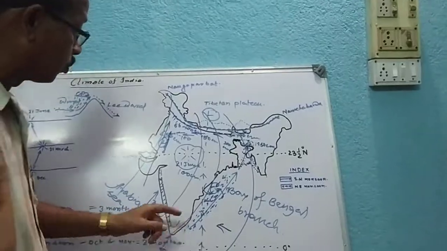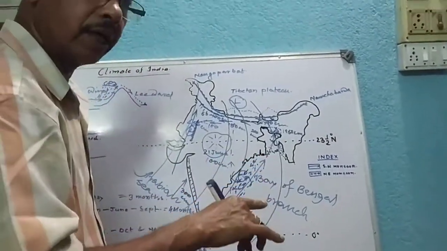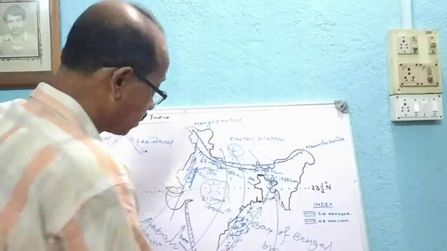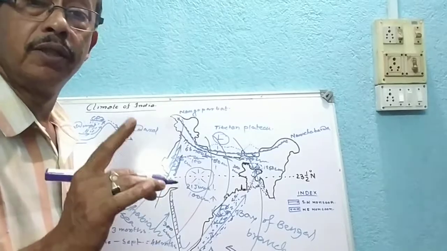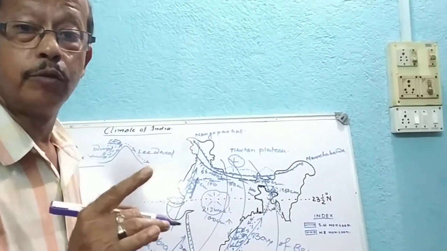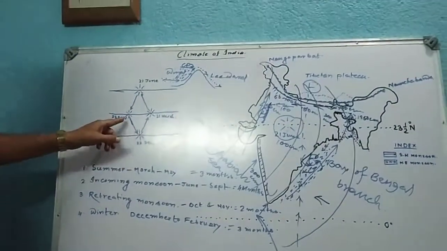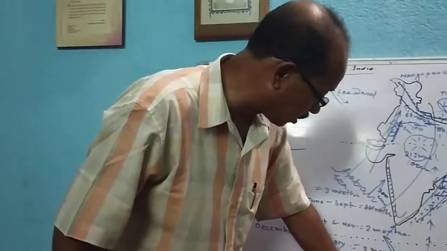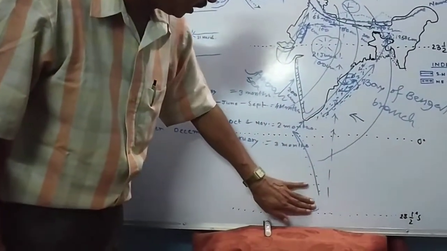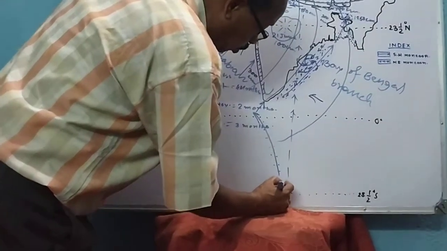The northeast monsoon becomes stronger than the southwest monsoon. On the other hand, southwest monsoon becomes weaker and weaker because of the apparent movement of the sun. The sun is gradually moving towards south, so this high pressure over the Indian Ocean gradually becomes low.